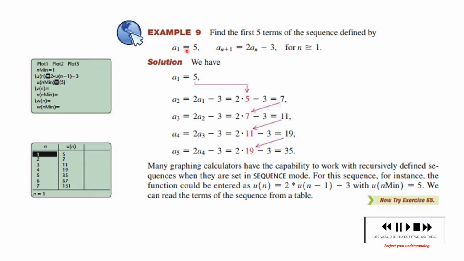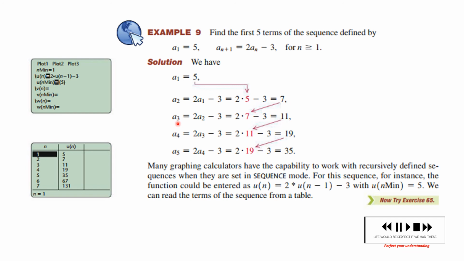It says that a1 is 5, but then for the rest, whenever n is bigger than or equal to 1, a sub n plus 1 is equal to 2 a sub n minus 3. So for n being 2, I can take what a1 is, multiply it by 2, and subtract 3, so I get 7.